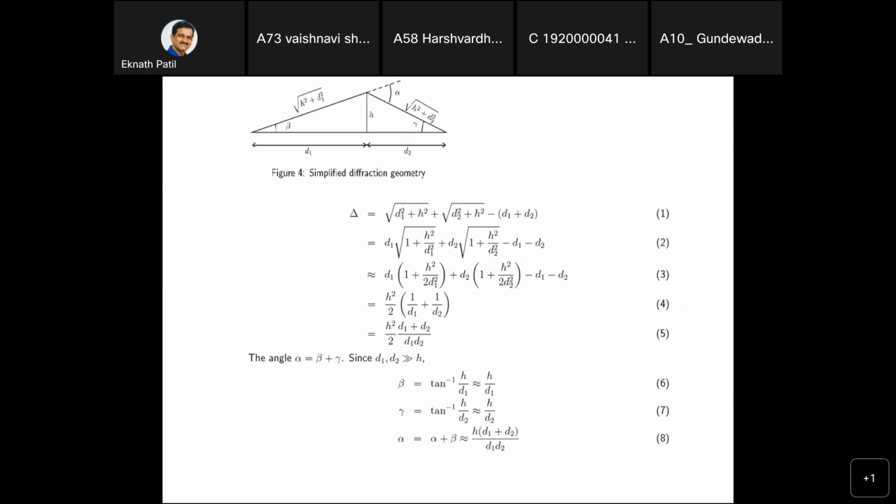D1 is the transmitter to obstacle distance, and D2 is the receiver to obstacle distance.